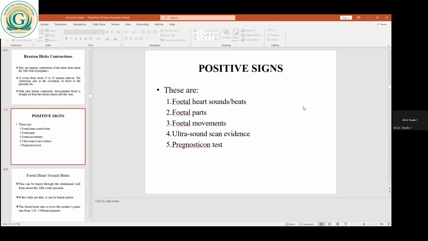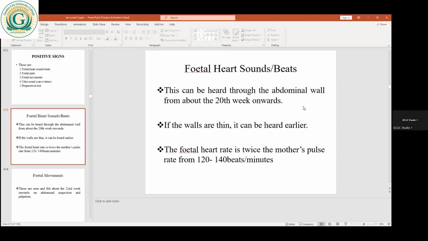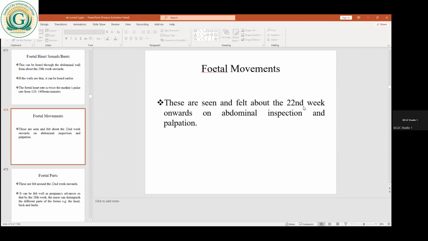Fetal heart sound: from the 20th week onwards, you should get some sound coming from the fetus, and the heartbeat is 120 to 140. If you count this, then it means the woman is pregnant. And then we have fetal movement. If the woman is feeling some movement in the uterus, it means possibly the woman is pregnant.